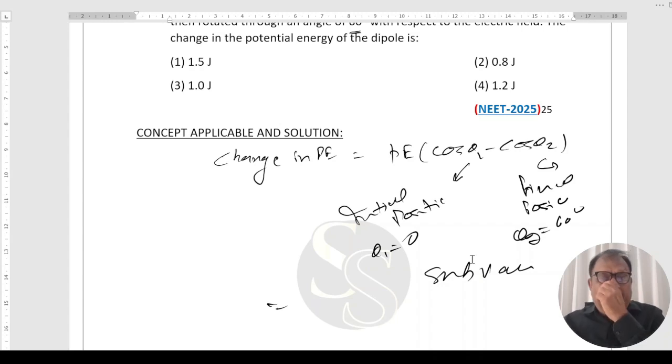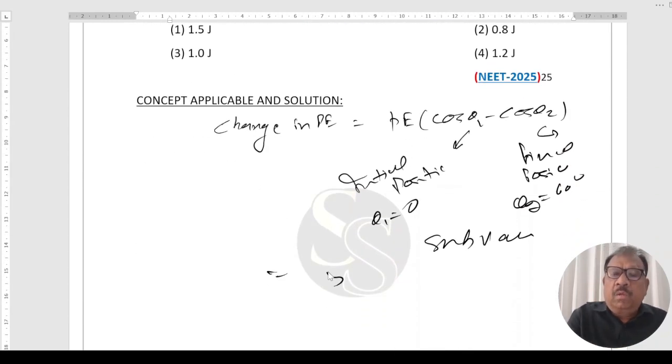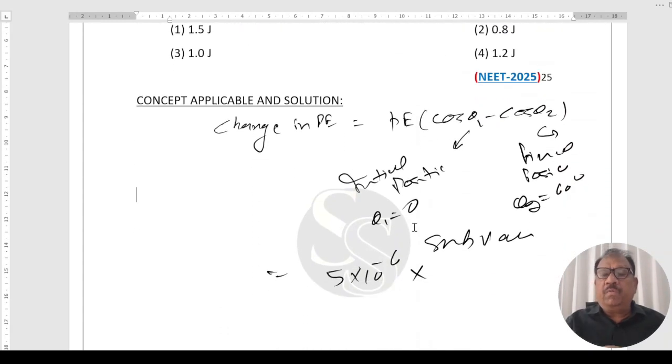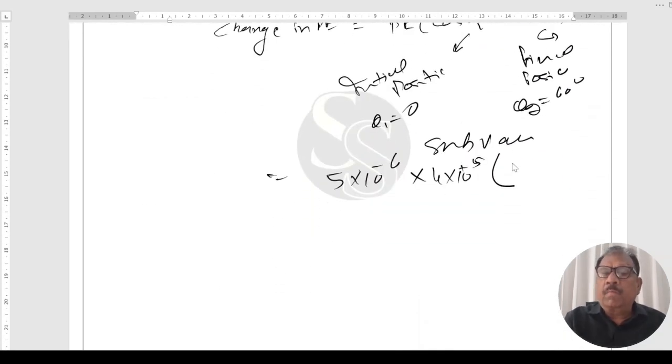PE. P is given as 5 into 10 to the power minus 6, E is 4 into 10 to the power 5. All are in SI units, so be careful regarding the units. Into cos 0 minus cos 60 degrees.